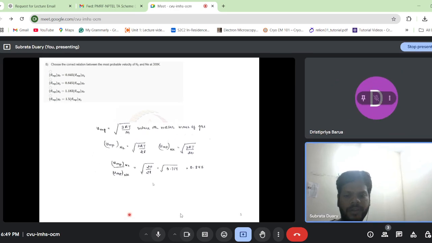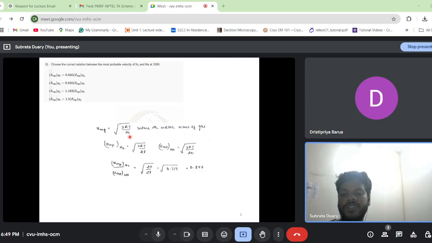Between these two, as you know, most probable velocity is inversely proportional to mass. So higher is the mass, lower is the most probable velocity. Between nitrogen 14 and nitrogen 15, 15 will have higher mass obviously, because the isotope mass is more compared to 14.